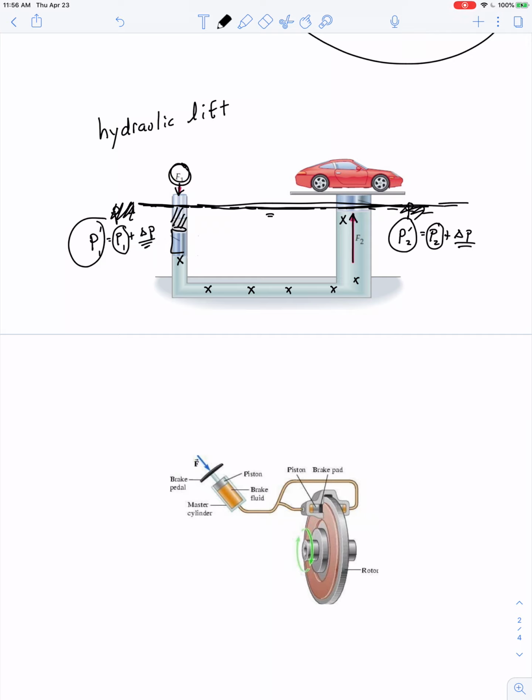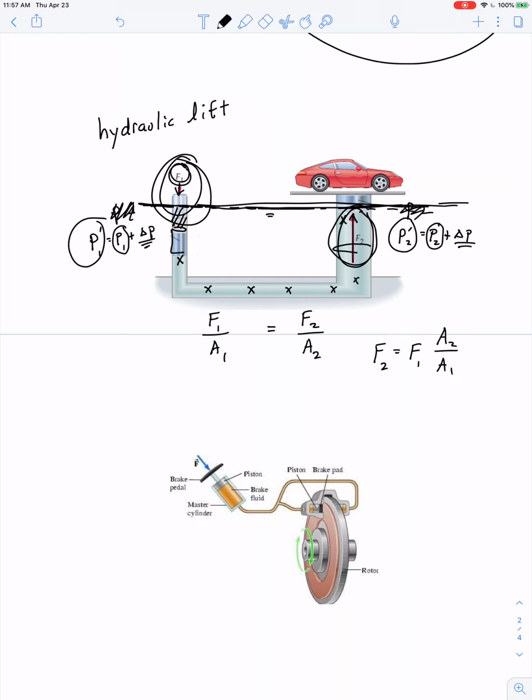Well, pressure is force divided by area. So the force applied on piston number 1 divided by the area of piston number 1 has to equal the force upward applied on piston number 2 divided by the area of piston number 2. So the force acting on the larger piston is equal to the small force applied on the smaller piston multiplied by a ratio, area number 2 over area number 1.